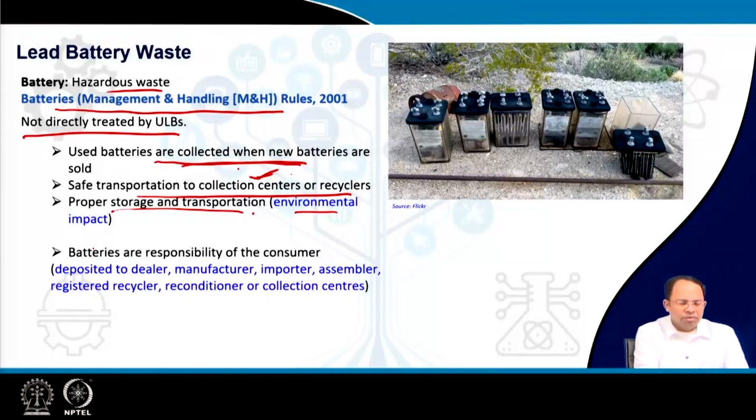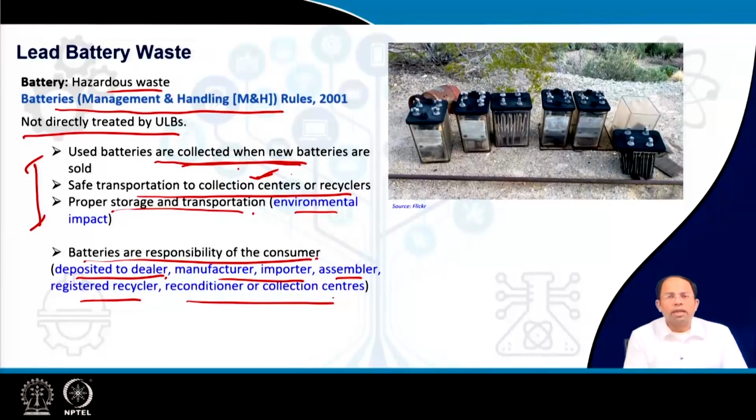So we have to design a proper transportation system similar to biomedical waste, but again it's not the responsibility of the ULB to design that. Maybe it can facilitate. But primarily batteries are the responsibility of the consumer. After use of the battery, it should be deposited with the dealer or manufacturer or importer, assembler, registered recycler or reconditioner or collection center.